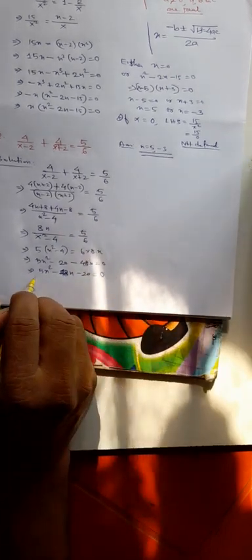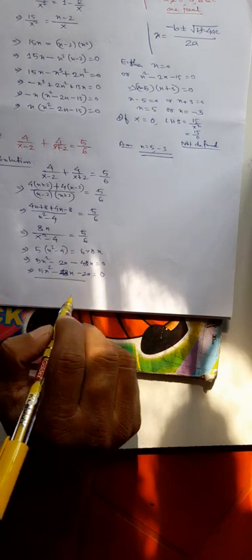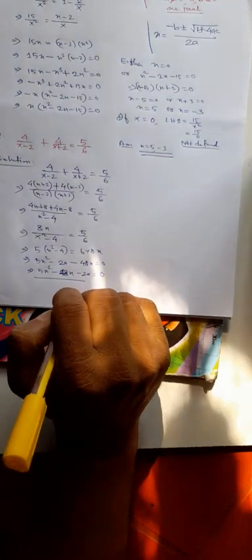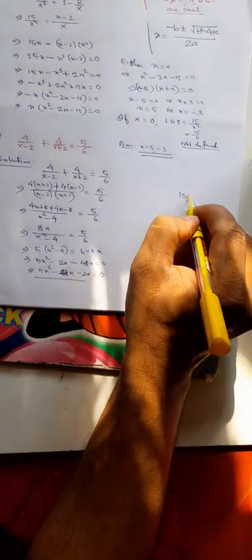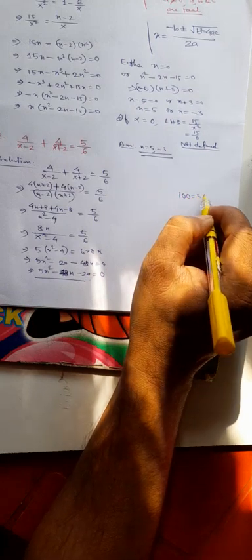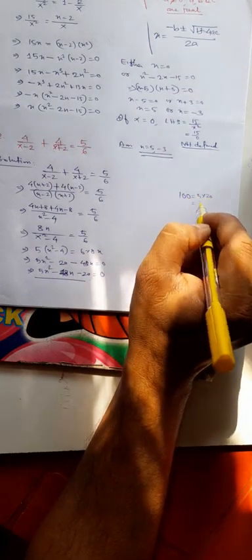Now you can solve this equation using middle term splitting or using this formula. So let's try to do middle term splitting. 5 into 20, 100.